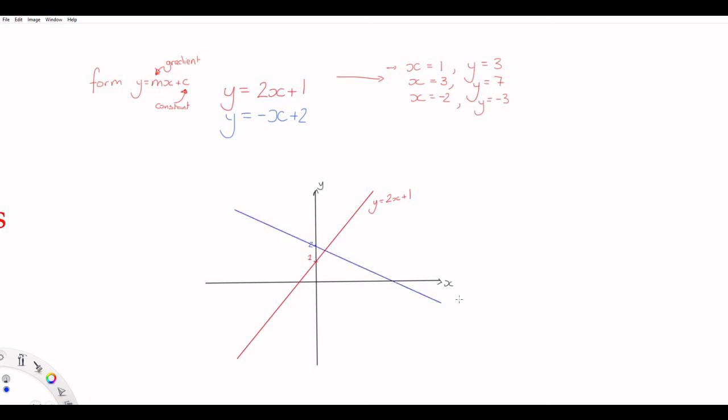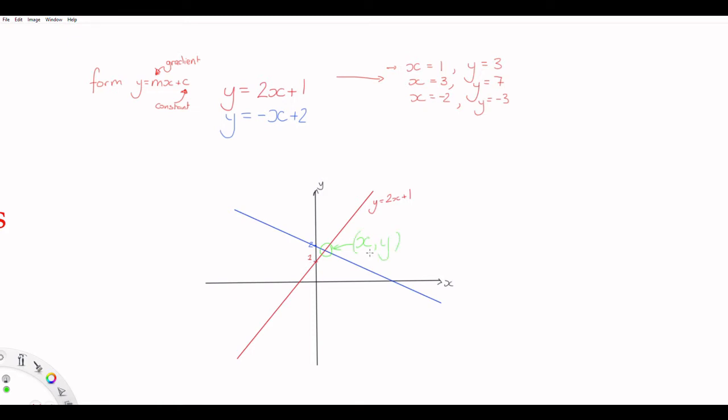Now that's just a sketch, it's not going to be exact, but what we can see from there is that there's going to be one point at which the two lines intersect. So they intersect here, and what we're going to do is find out the coordinates of that point in terms of x and y, and that is our solution to the simultaneous equations.